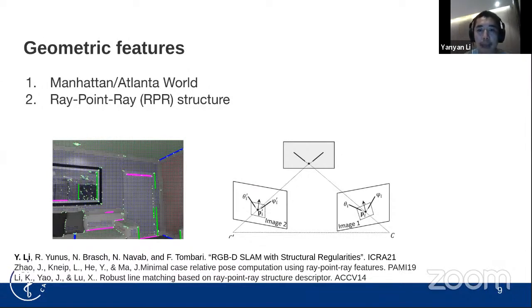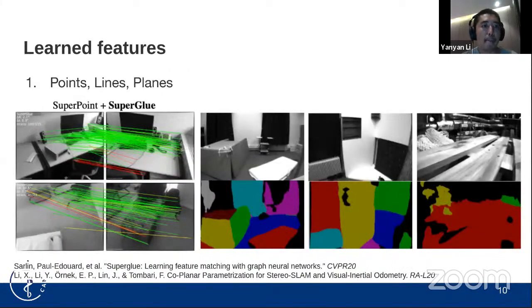And for triangulation, you can directly obtain a 3D structure. So this is another, maybe not very new, but currently some papers try to use this type of features. And then, we have looked at too many deep learning papers.